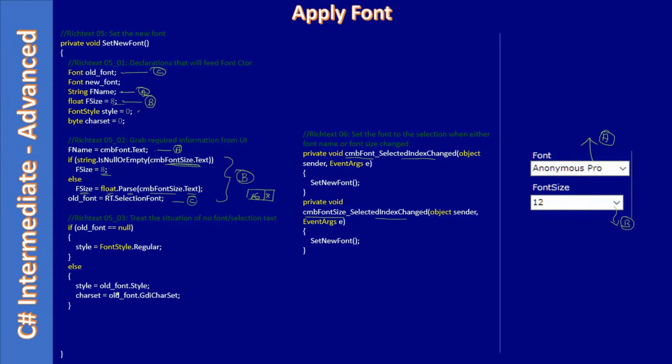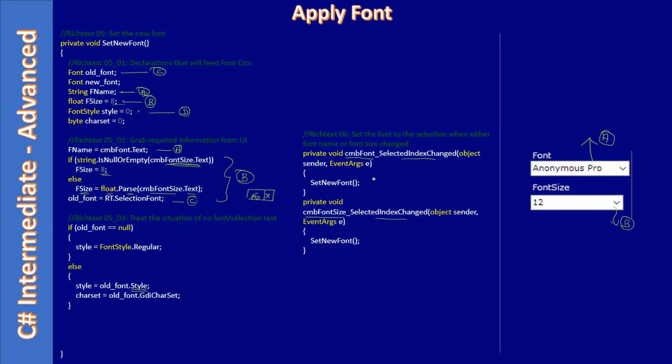Here old font dot style, we are retrieving it. Old font is nothing but the selected text font, right? So that we are storing here in the style, font style. This one is to preserve the previously applied style.